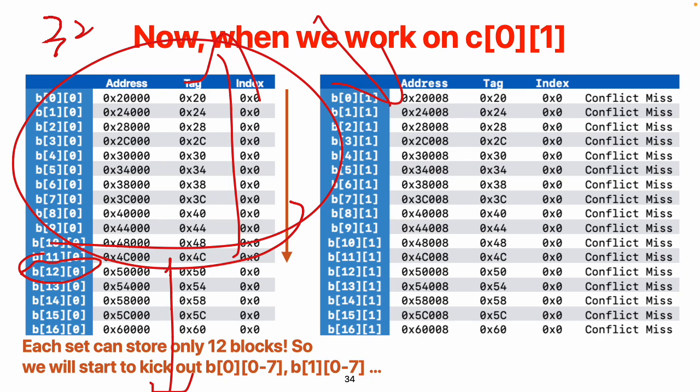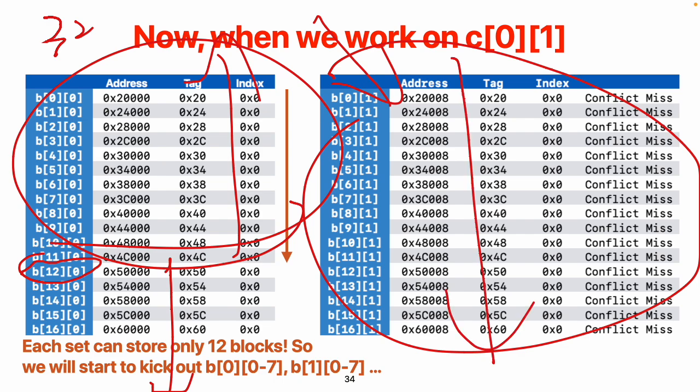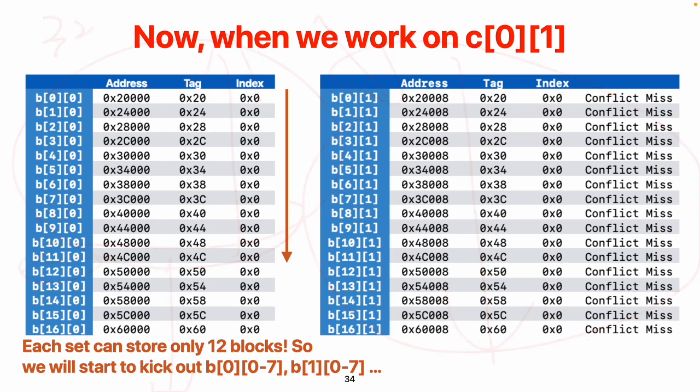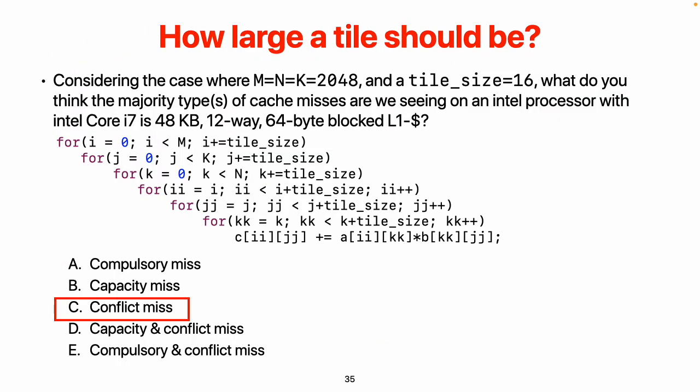Even if we count the other matrices, as Joshua said, we haven't used all the capacity, and we are going to see a lot of misses here. Every one of them is a conflict miss. So what's the majority type of misses here? It's going to be conflict misses. So for this question, the answer is C.